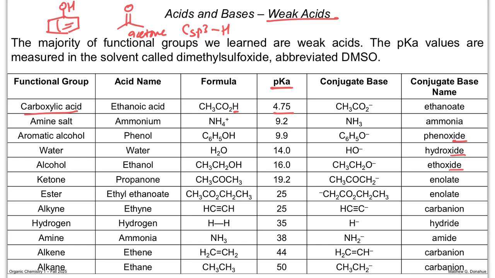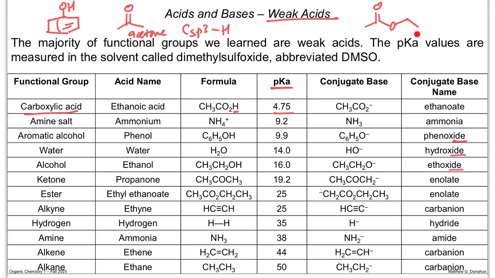The next case is an ester. Let me draw that one out. This one is an ester, ethyl ethanoate, or ethyl acetate is a more common name. So it's a little less acidic now.